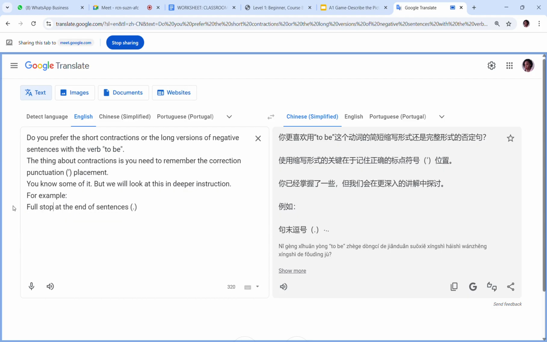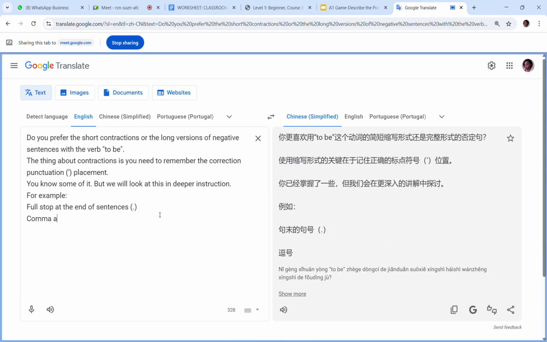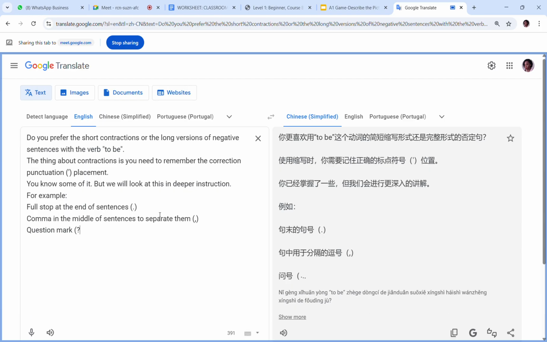So the comma is in the middle of sentences, to separate them. And question marks like this, for questions to ask. What is your name? That is a question, at the end of a question.